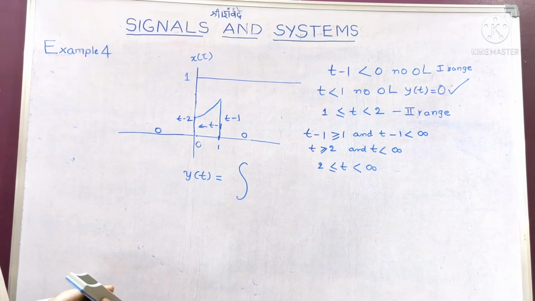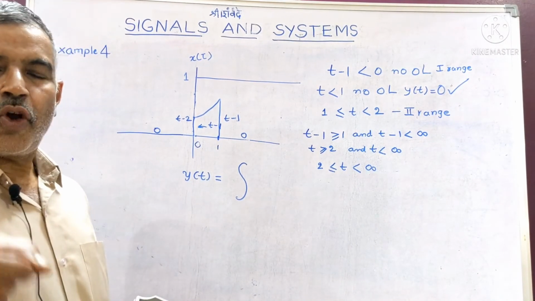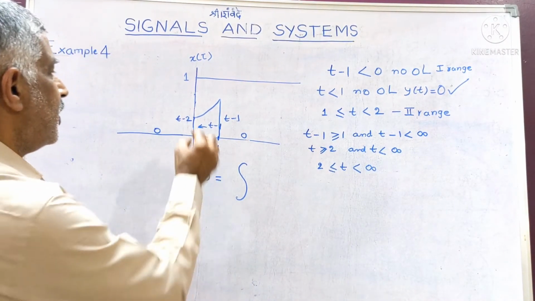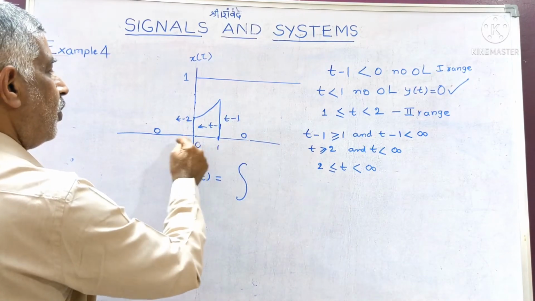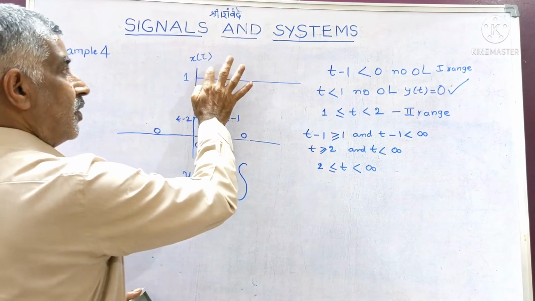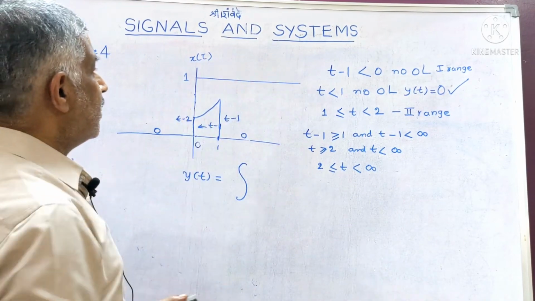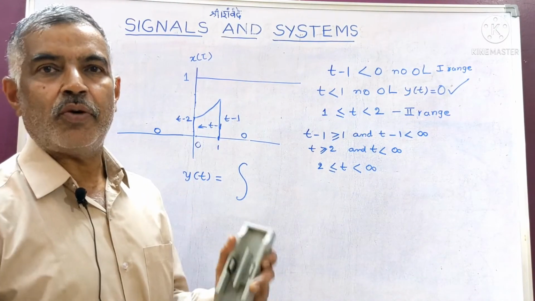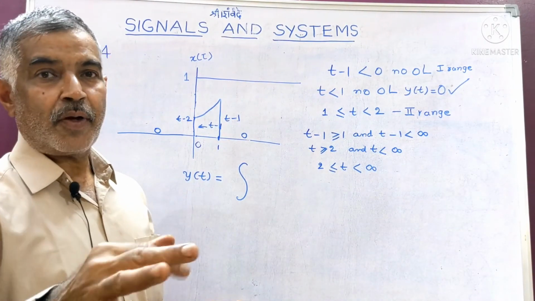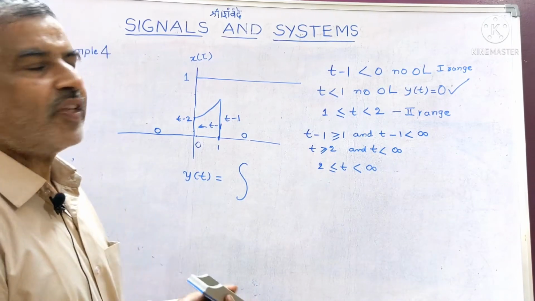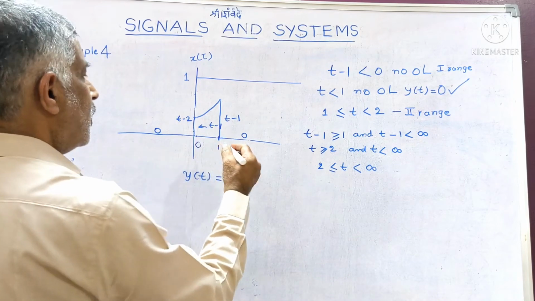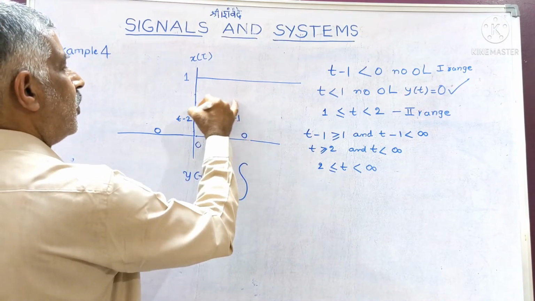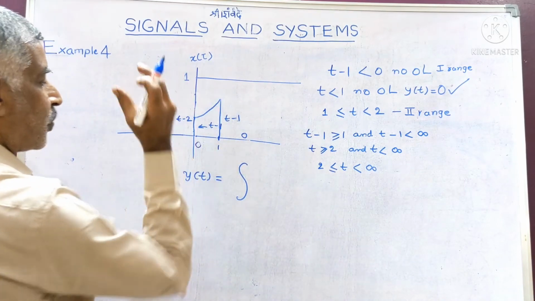The portion contributing to the overlapping is only this. Whereas here it is 0. No doubt, this step function has value, but the other counterpart has 0 value here. So this is also 0. The portion that is contributing to the overlap is only this portion.